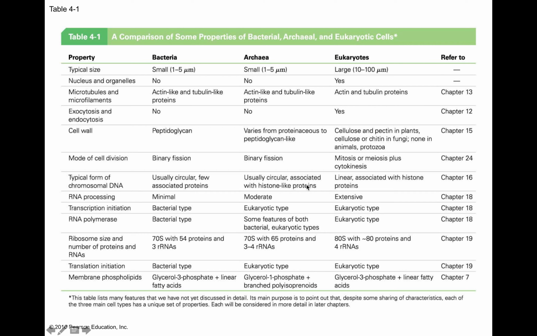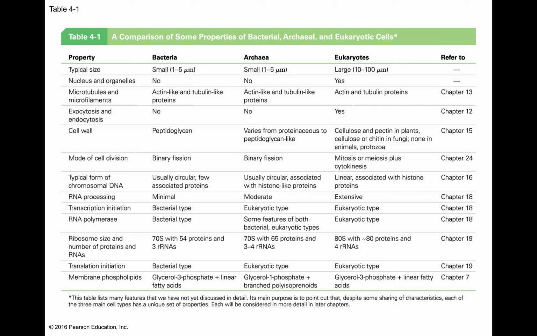The initiation of transcription is different in bacteria than it is in archaeans and eukaryotes. And again, archaeans and eukaryotes share a lot of their characteristics of how they start transcription. And that's another big piece of evidence for why archaeans and eukaryotes are thought to be more closely related to each other than they are to bacteria. The RNA polymerase, we'll talk about that in a couple of weeks. What type of RNA polymerase? This is the enzyme that makes RNA from DNA.